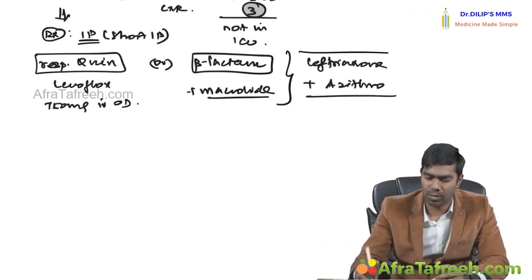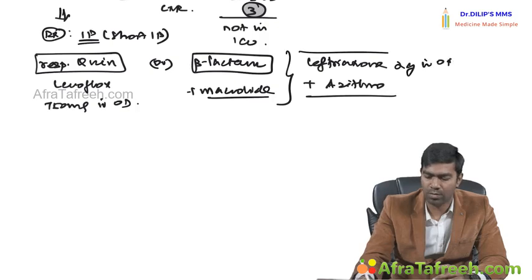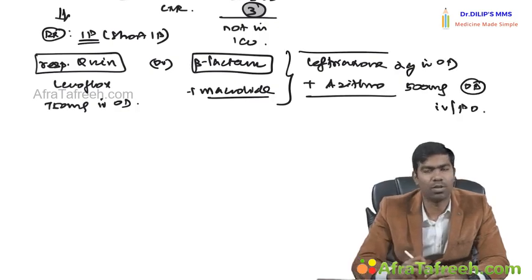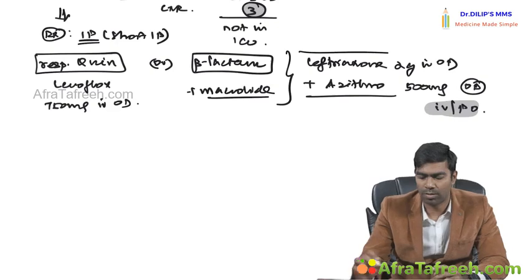The standard dose of ceftriaxone is 2 gram IV OD for adults, and azithromycin 500 milligram, either IV OD or oral. You can use IV or PO, both can be used. So this is what I typically prefer if it's a non-ICU patient.